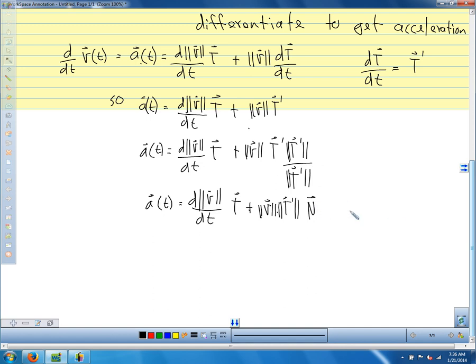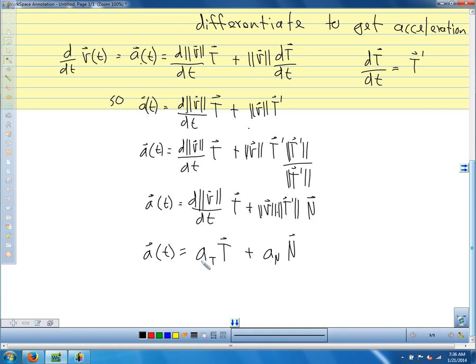And we can say from this that our acceleration is, we'll call this first a sub T times the unit tangent vector plus a sub N times our unit normal vector.